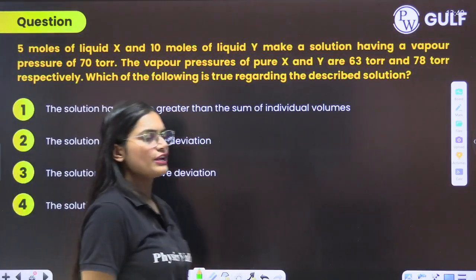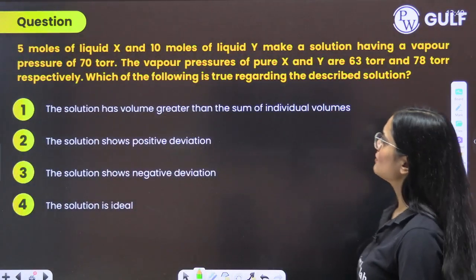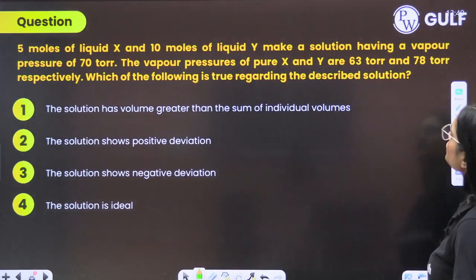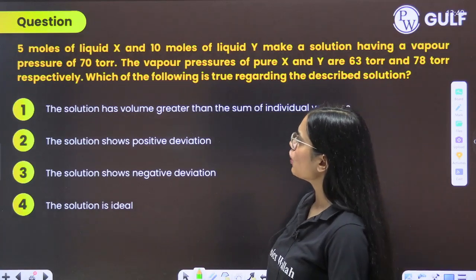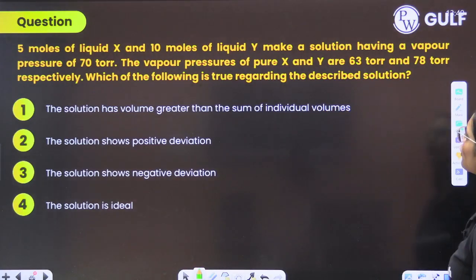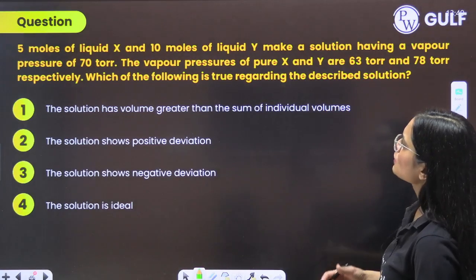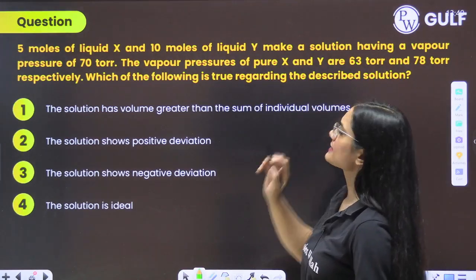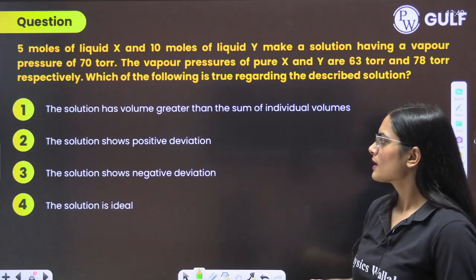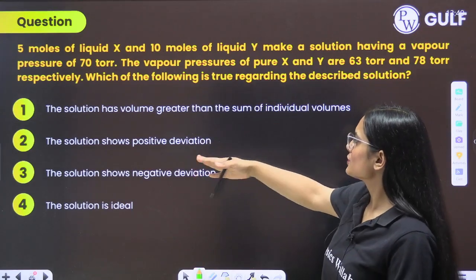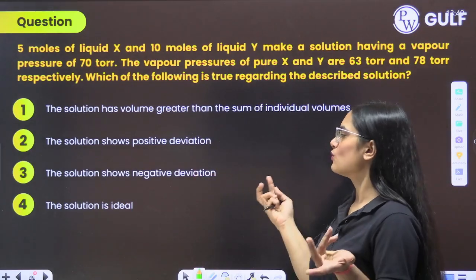5 moles of liquid X and 10 moles of liquid Y make a solution having a vapor pressure of 70 torr. Vapor pressure of pure X and pure Y are this and this. Which of the following is true regarding the described solution? They're asking whether the solution will show positive deviation, negative, ideal, or what.